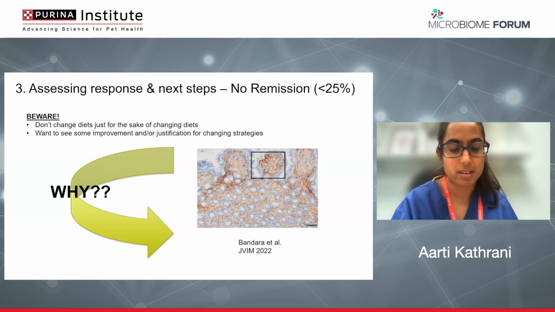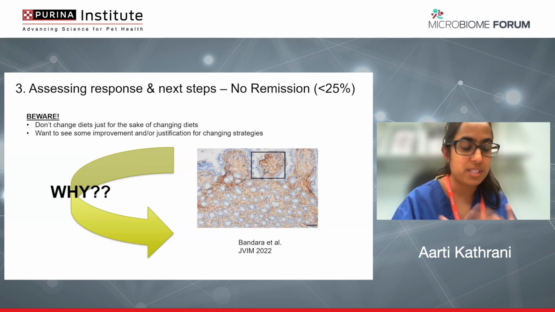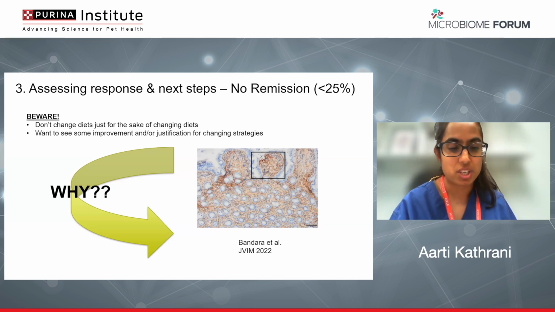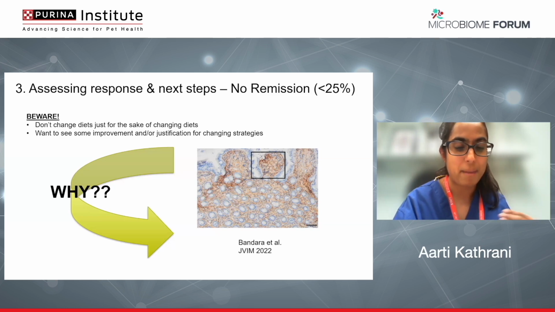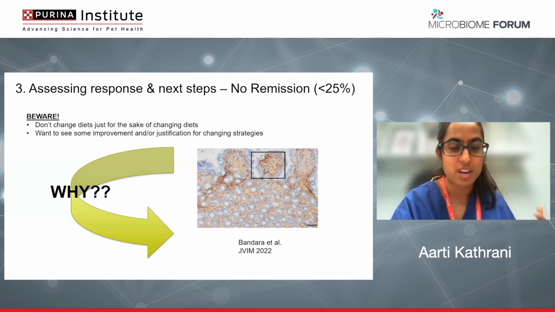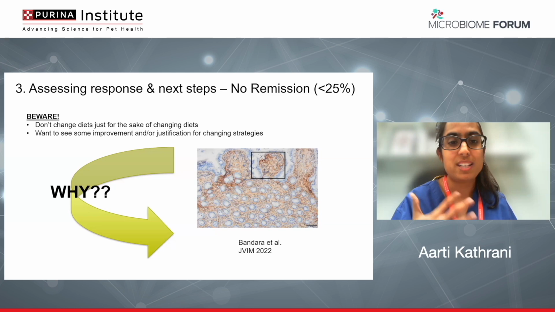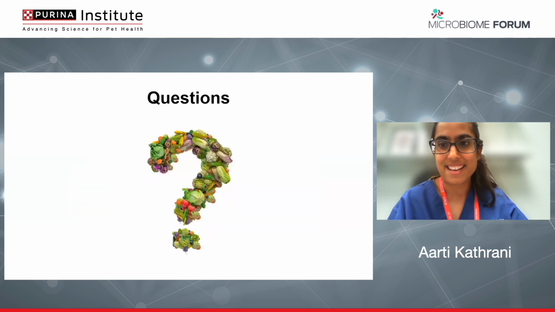We have a study going on at the moment to see if this is the case for dogs. But in cats, if we're just using different diets, trying to get to this magic number, and this inflammation is ongoing in the background and diet just isn't helping, what could happen is that cat develops fibrosis, which could ultimately affect its prognosis. So we really need to take it case by case rather than meeting that number. Thank you.